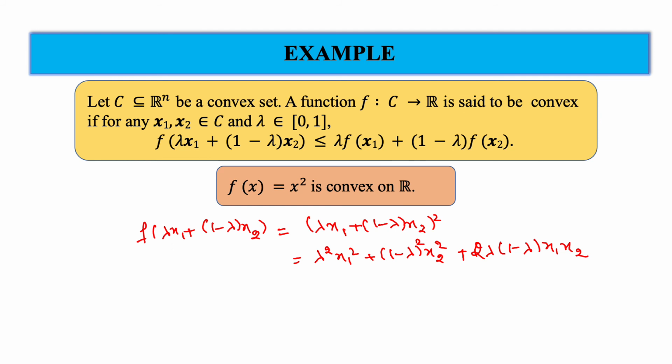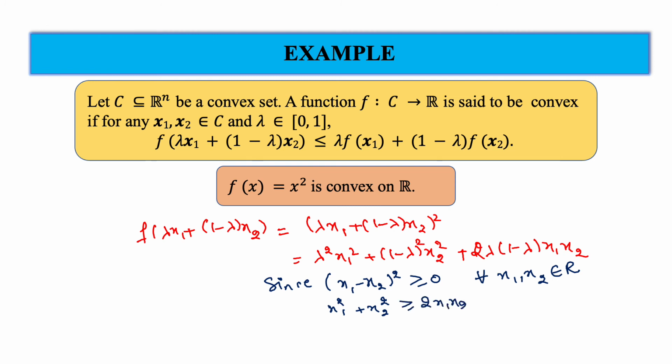Now to solve it further, we know that since x1 minus x2 whole square is greater than or equal to 0 for all x1, x2 in real, this means x1 square plus x2 square is greater than or equal to 2 x1 x2.